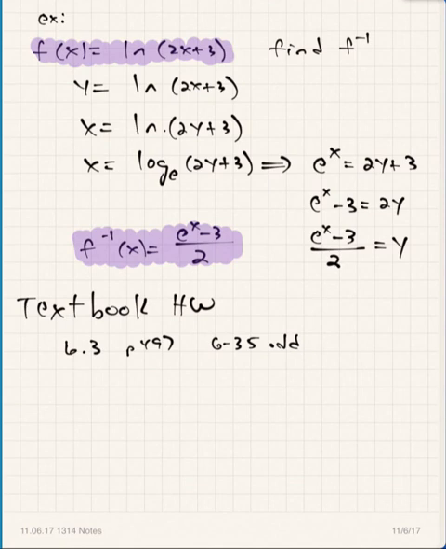Problems, I guess I should have gone ahead and signed those, 37 and 39. So this is actually 6 through 39 odd. That's better. And then 43, 47, 51, 53.